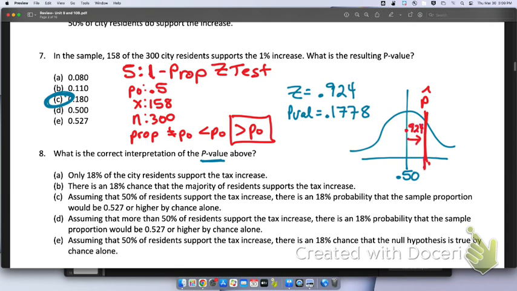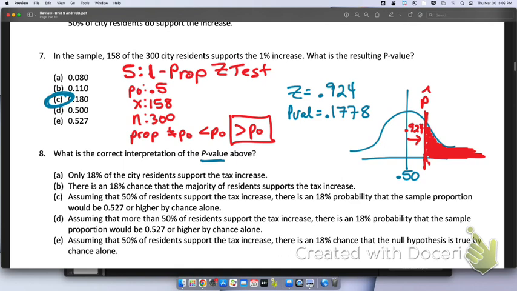It was 1 standard deviation above average, and above the hypothesized value. And the probability of that being sampling variability is about 18%. And so we have a pretty good chance that this was just sampling variability.